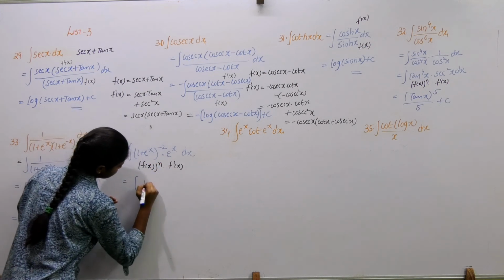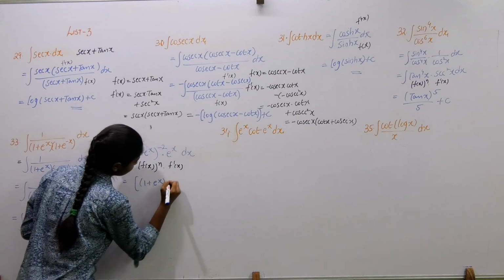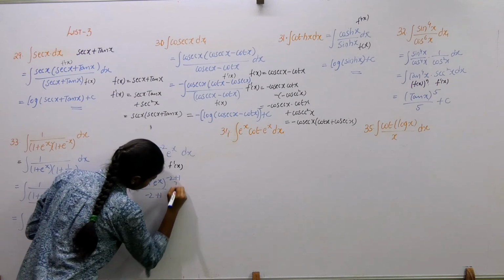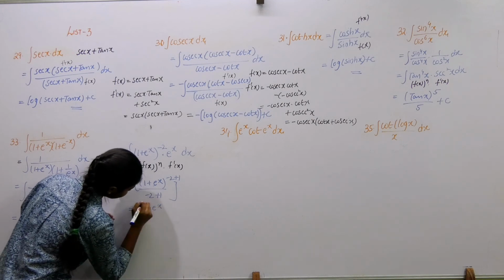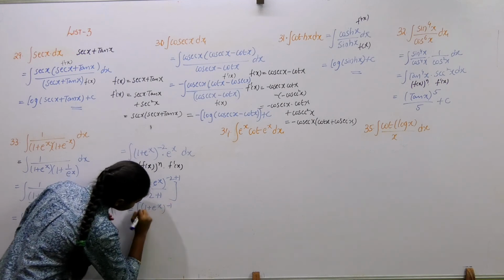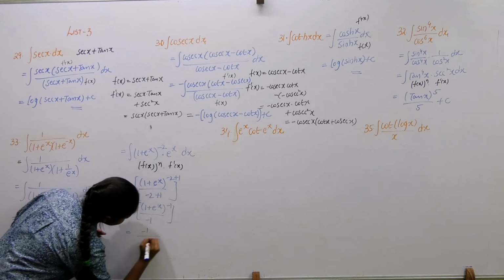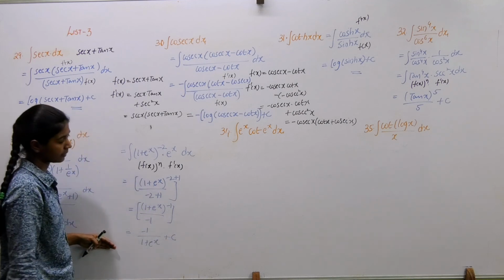It is equal to f of x whole power n plus 1 by n plus 1, which is 1 plus e power x whole power minus 1 by minus 1. It is equal to minus 1 by 1 plus e power x plus c.